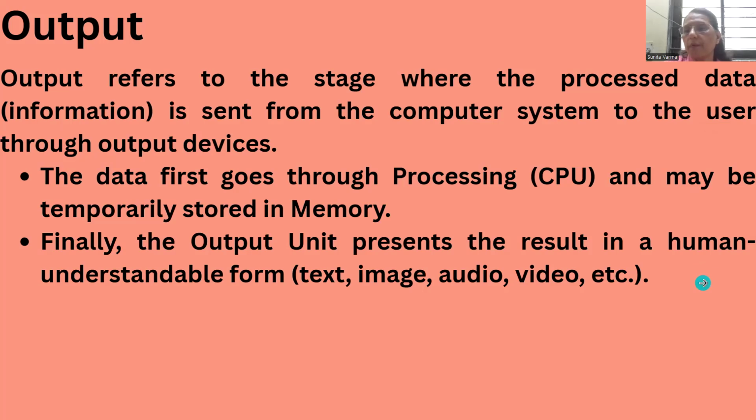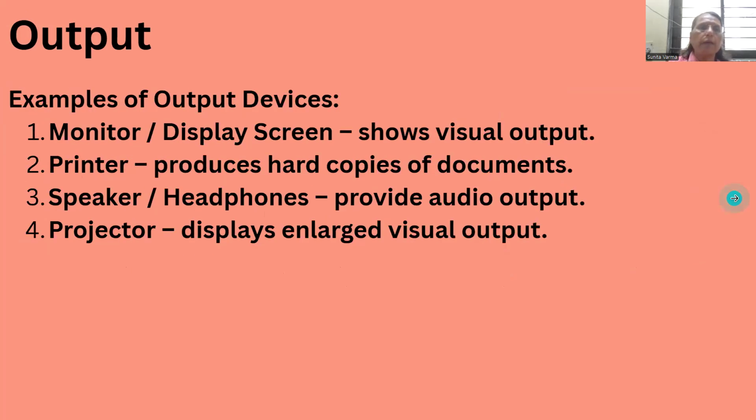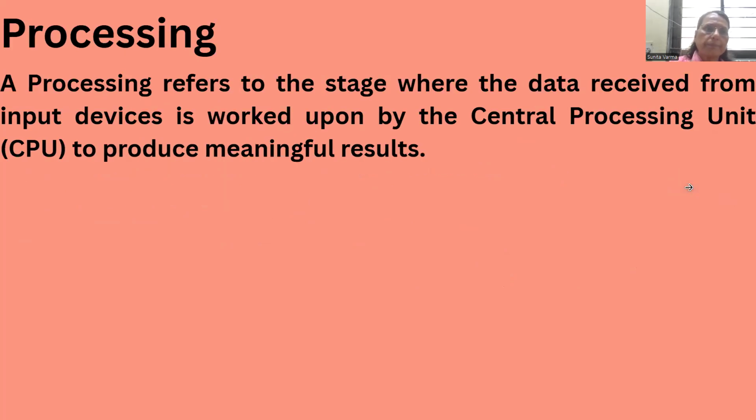These are the forms of the output which can be seen by the user. So monitor, printer, speaker, projector, these are all examples of output devices. They are used for seeing the output of the processed data by the user.